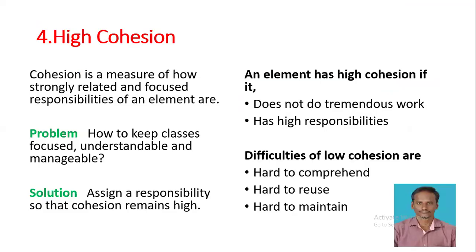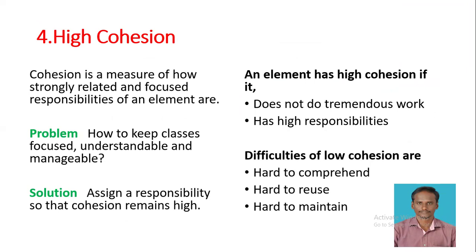And the next one is high cohesion. Let us see what cohesion is. Cohesion is a measure of how strongly related and focused the responsibilities of an element are. The problem with cohesion is how to keep classes focused, understandable, and manageable.